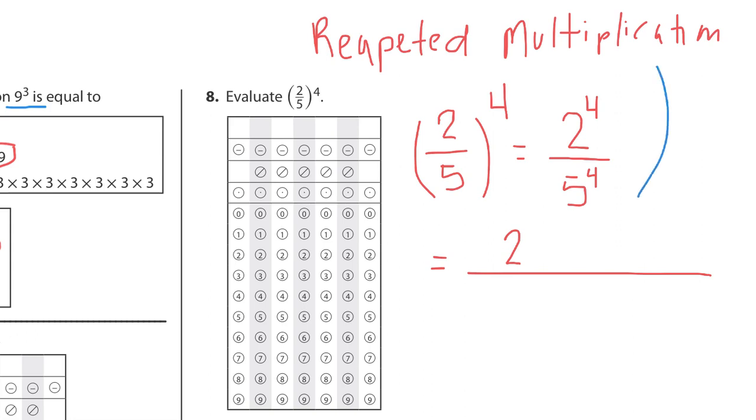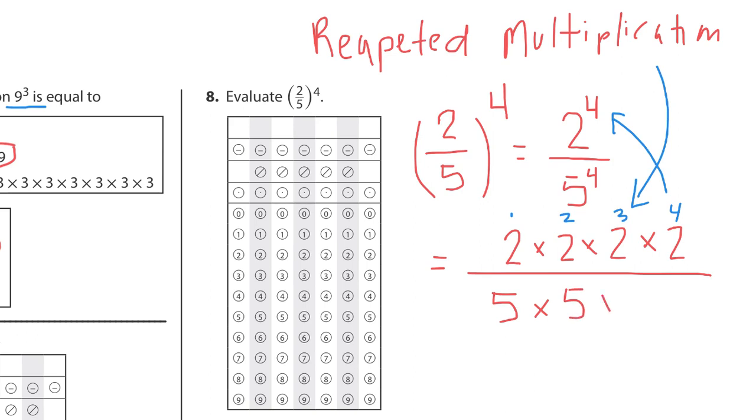That is 2 times 2 times 2 times 2. We have 1, 2, 3, 4. Multiplied 4 times. Next, we need 5 multiplied 4 times by itself. So 5 times 5 times 5 times 5.